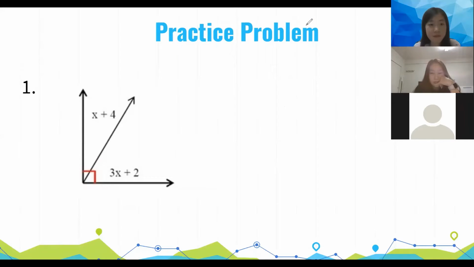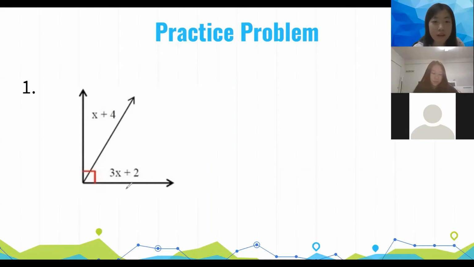So first we need to figure out what type of angle this is. From the previous slide, there are two types of angles. It's a complementary angle because these two angles add up to 90 degrees, right?